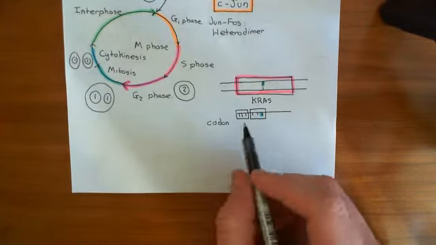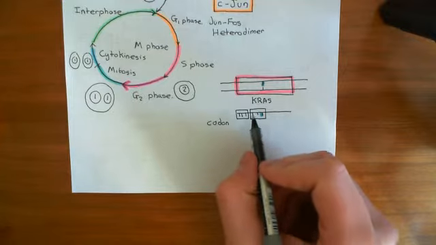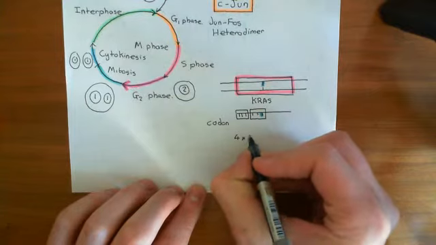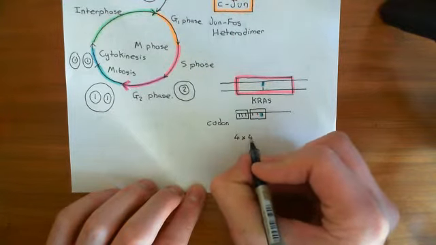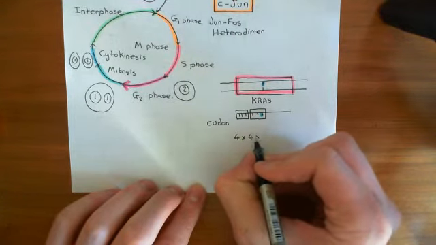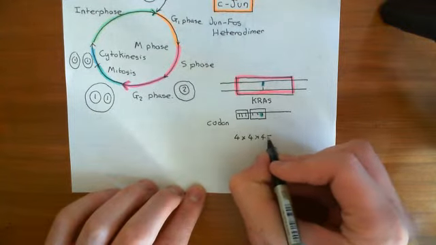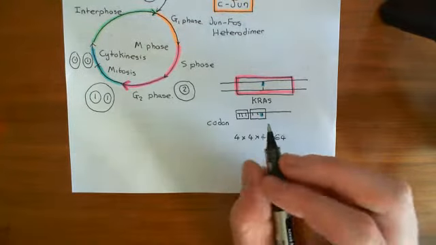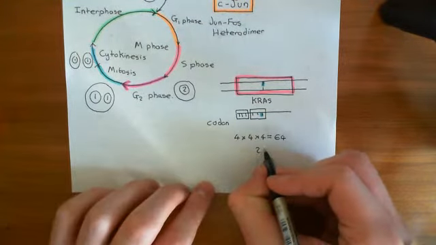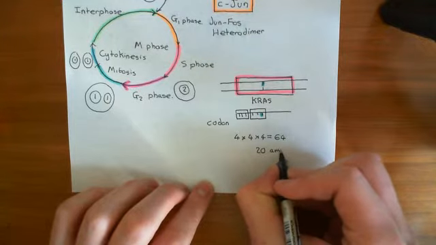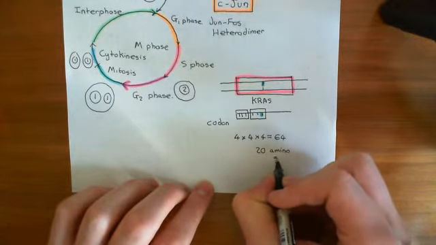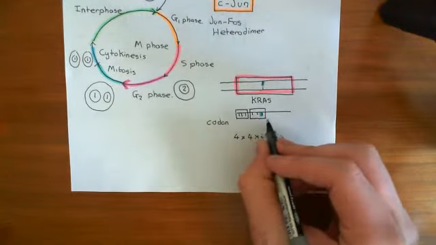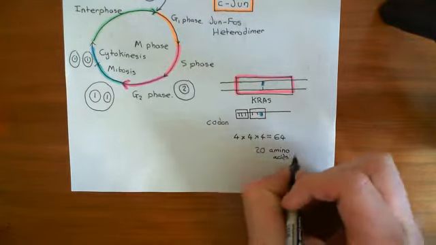The reason being that if we think about the number of codons, there are 4 options for the organic base in position 1, then for each of those, 4 options for position 2, and finally 4 options for position 3. So it's 64 possible codons. Now, there are only around 20 amino acids, so we've got far too many codons, and some amino acids have multiple codons which all code for them.